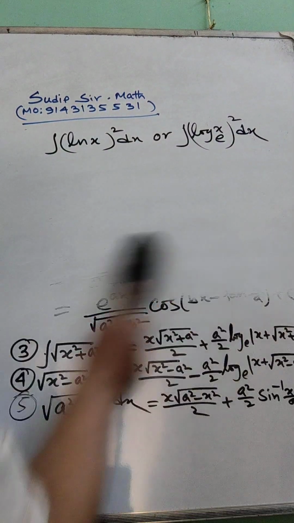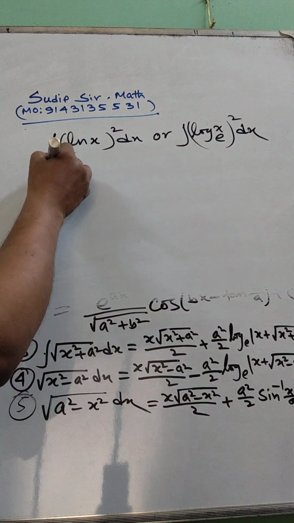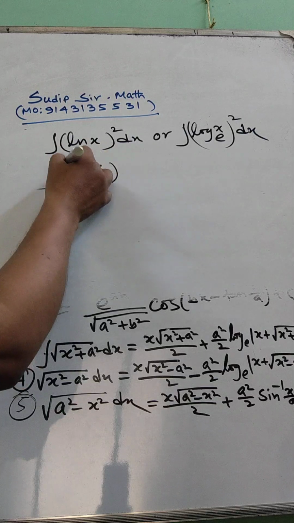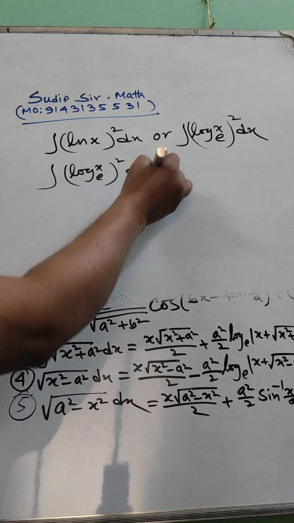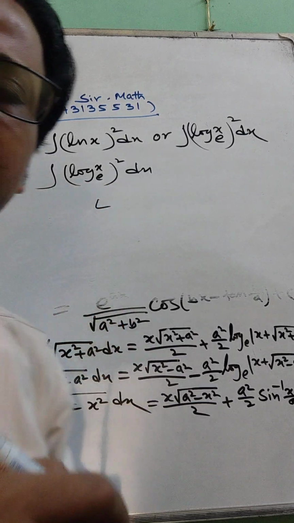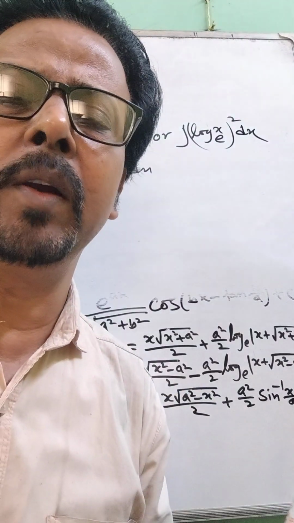Now, say integration of log of x base c whole square dx. So only log is there. Then we use LIATE or ILATE, whatever we use.